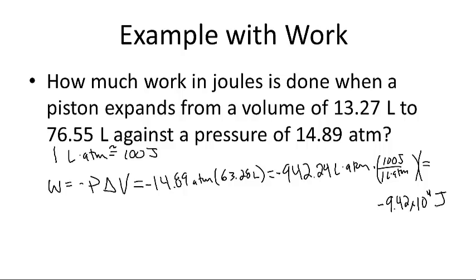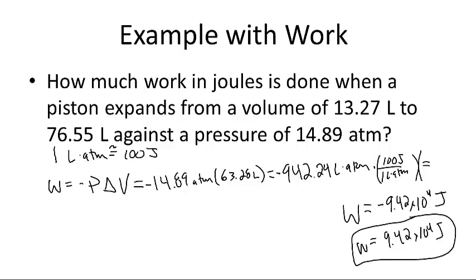Now, here is where we have to worry about the sign. It says how much work is done when a piston expands. So it is expanding. The total work of the system is negative, but the amount of work being done is 9.42 times 10 to the 4th. It's doing the work on the piston.